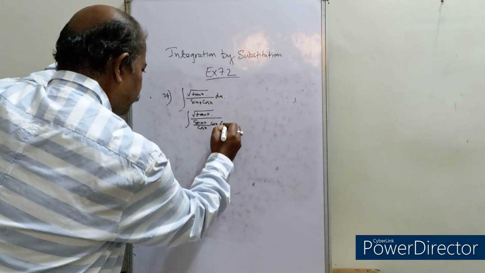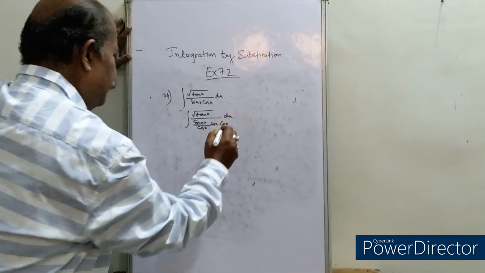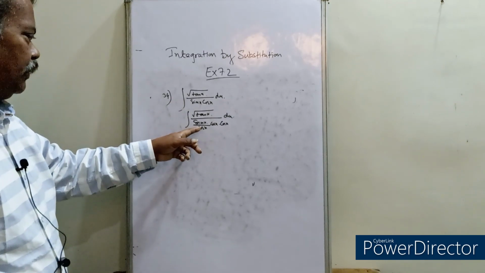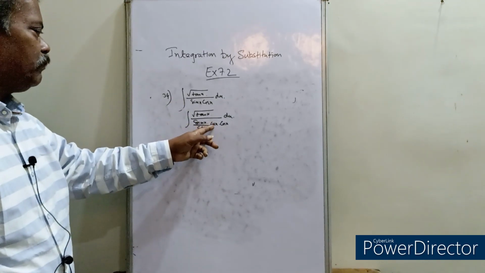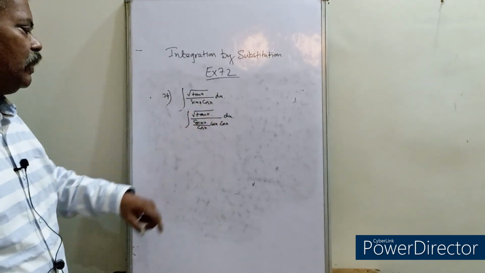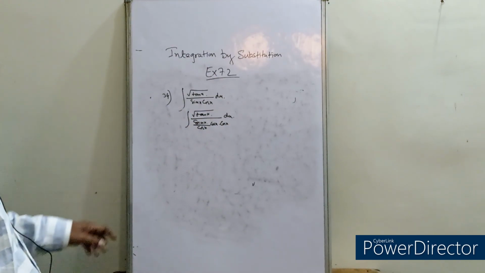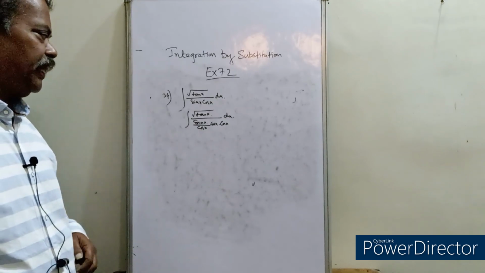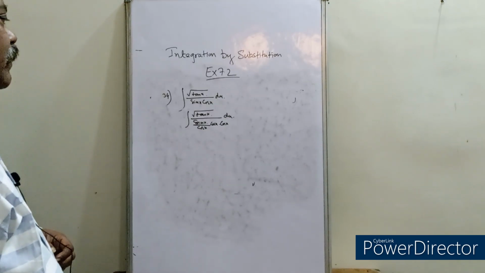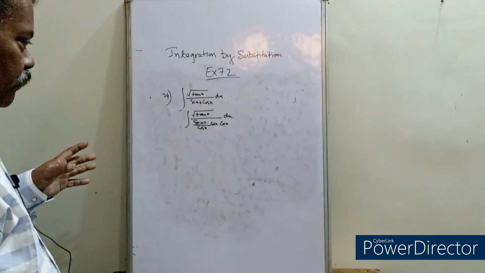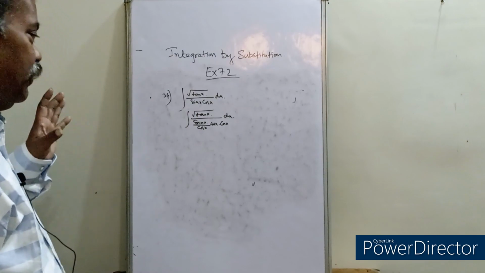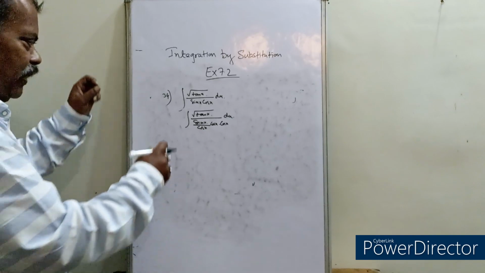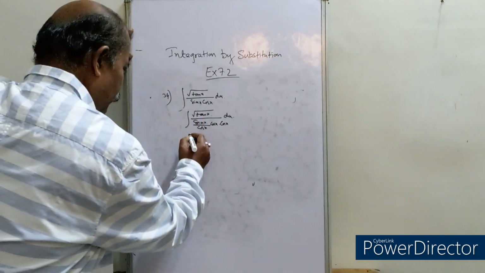See here, in this sin x I have divided by cos x and multiplied by cos x, and this cos x is originally in the question. When there is tan x, it is better that you go for sec x, because if sec square x is present, then we can integrate it easily. So that is the helpline I am going to take here.